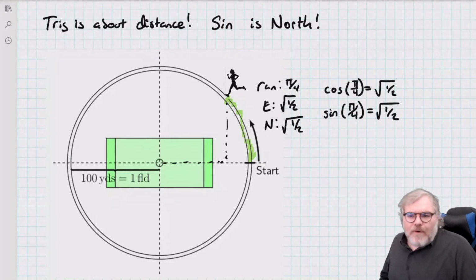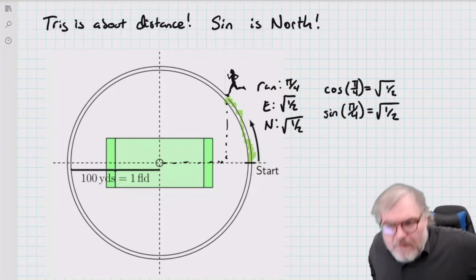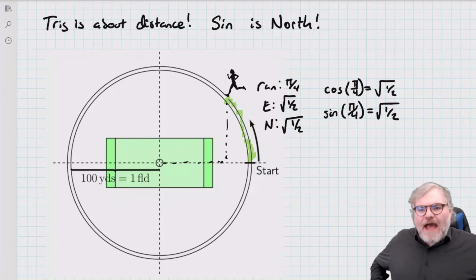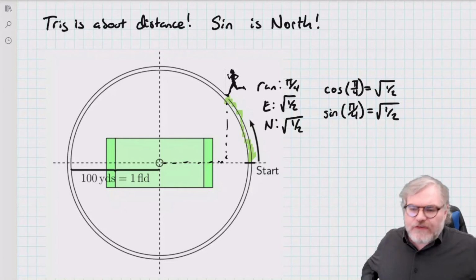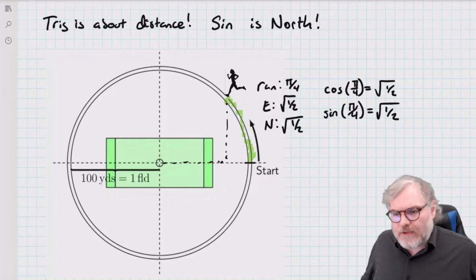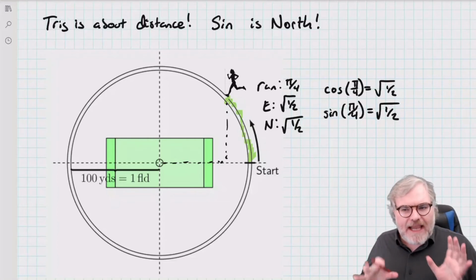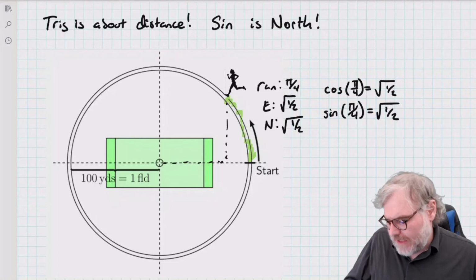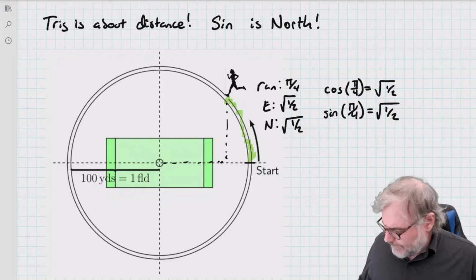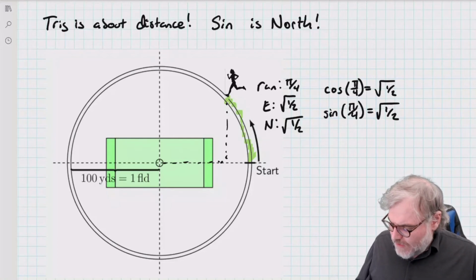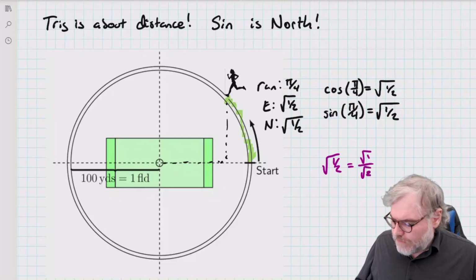Okay, so you're probably going, oh, but wait, I remember from pre-calc that the sine of pi over 4 is square root of 2 over 2. I really hate that. Let me show you where that comes from, okay? So what they've done is they've said, okay, they got the square root of 1 over 2, and that equals the square root of 1 over the square root of 2, which equals 1 over the square root of 2.